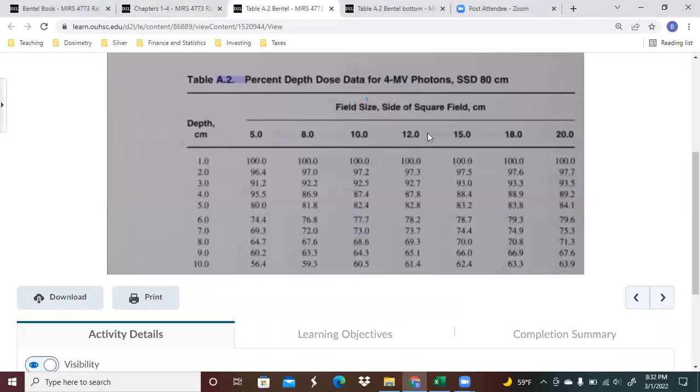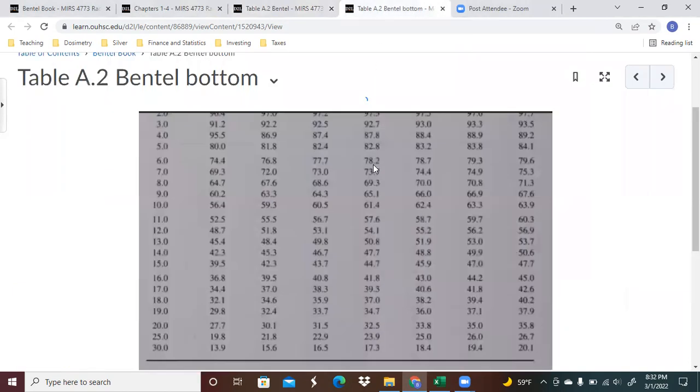We're going to need a value between 12 and 15 square for the square field, so somewhere between 61.4 and 62.4. Also, we're trying to find a distance not at 11, not at 10, but in between, at 10.5. The question is, what is that value going to be?